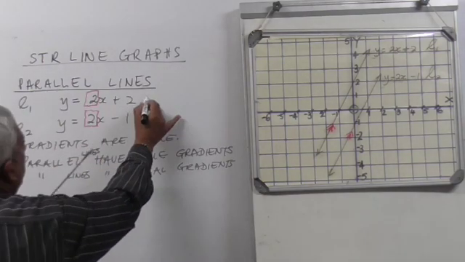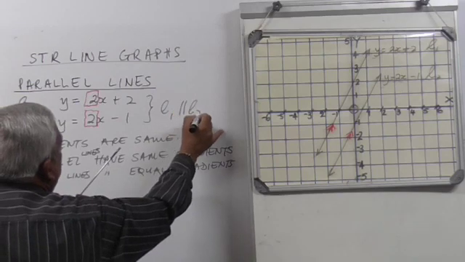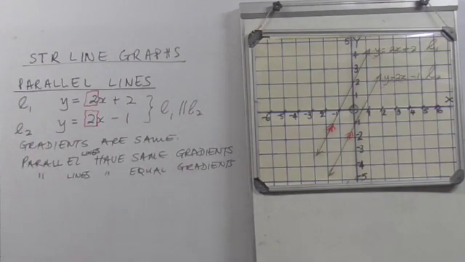We can conclude line 1 is parallel to line 2. That's the first thing we want to learn about parallel lines: that parallel lines have the same gradients, or equal gradients.